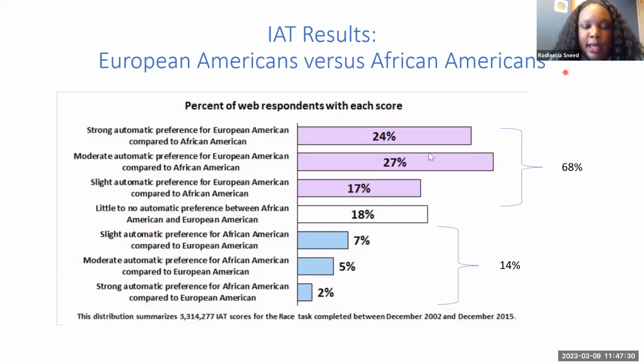And what we see overall is that people overwhelmingly tend to display bias toward European Americans compared to African Americans. Only, I think it's 14% or so of people actually showed preference for African Americans over European Americans. And about 18% of people are neutral when they do this task.